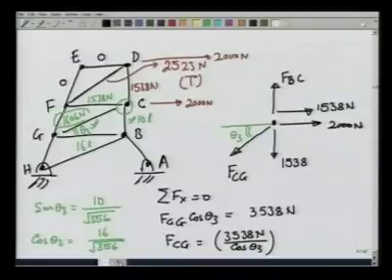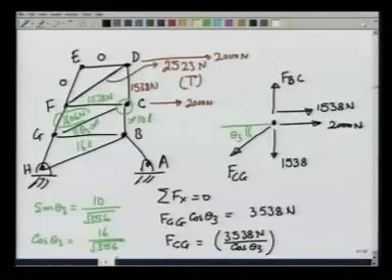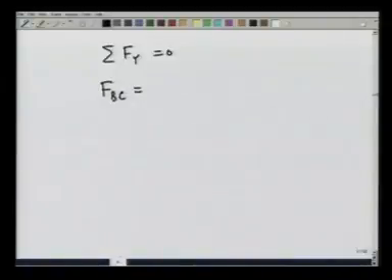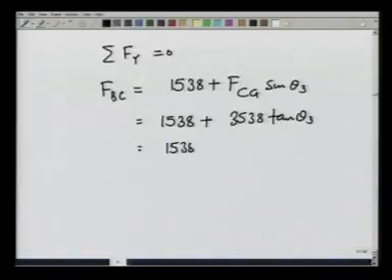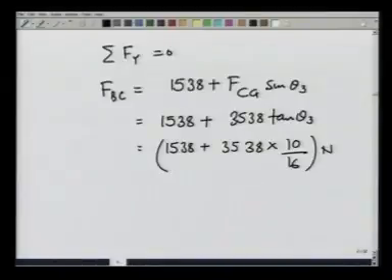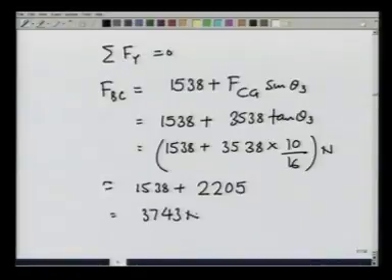Once I have known that, I can also calculate FBC by saying that summation Fy equals 0, and that in this case gives me FBC equals 1538 plus FCG sin theta 3, which is 1538 plus 1538 tangent of theta 3, which is nothing but 1538 plus 1538 times 10 over 16 newtons, which is approximately 3743 newtons, and is pushing point B up, and therefore, this is compressive.